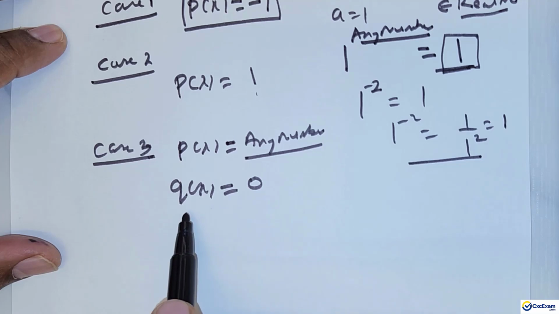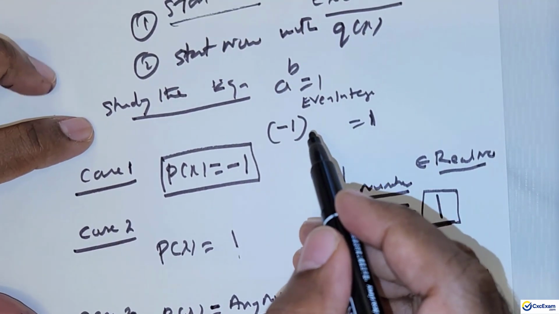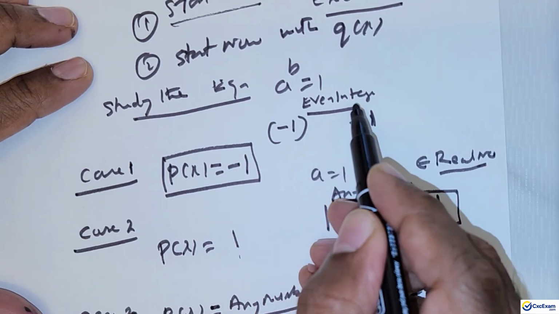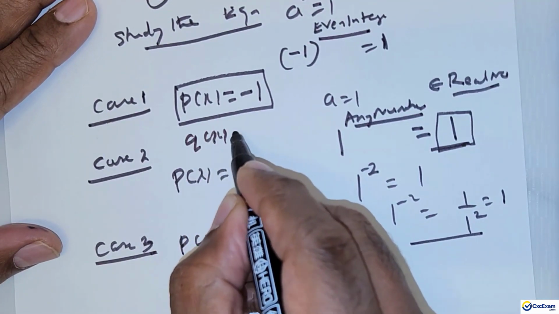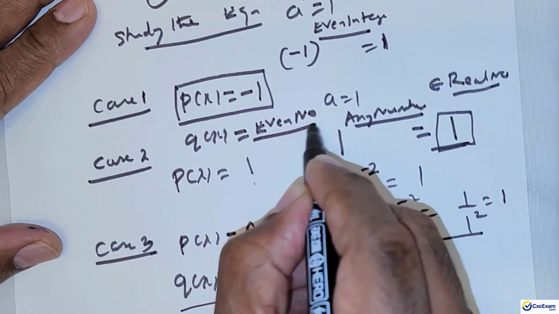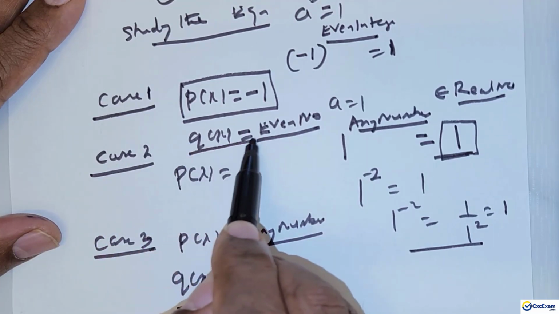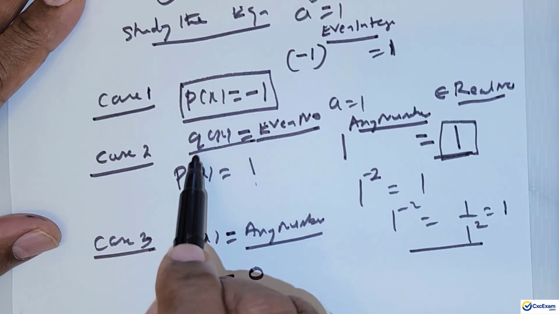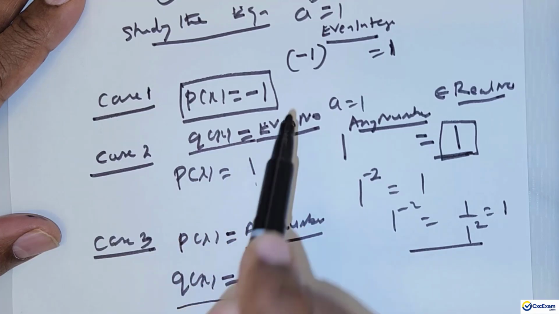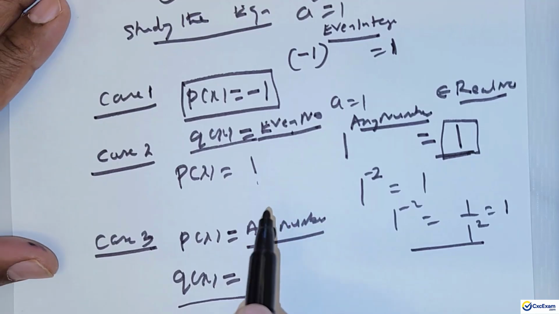One important point I wish to mention here is that my q of x should lead me to an even number that is required in case 1. Okay, this is a must. So whatever value you get over here, you substitute it here, it has to produce us an even number. If it's not, then we have to reject it.